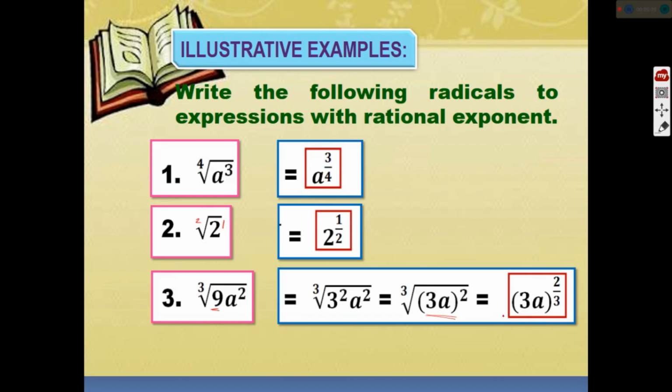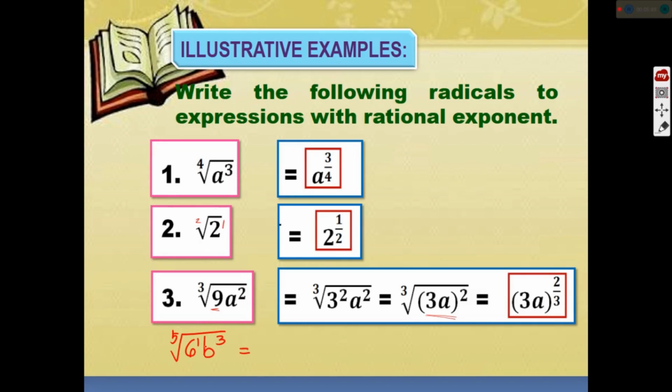So, what if naman po class yung number ay hindi na pwedeng gawing exponential form? Let's say, for example, we have here 5th root of, let's say, 6b raised to the 3rd power equals, dahil yung 6, hindi na po siya ma-write in exponential form, edi yung exponent niya ay 1. So, ang exponent ngayon ay hindi magkatulad, 1 and 3. Kunin nyo na lang po ang GCF.